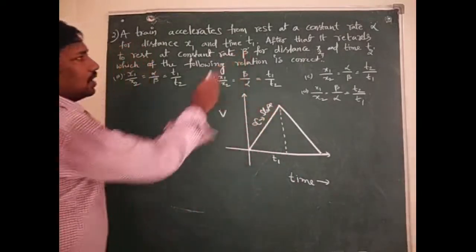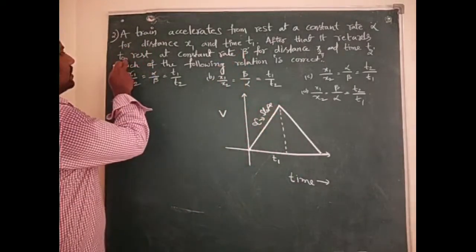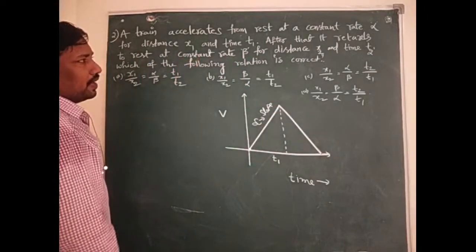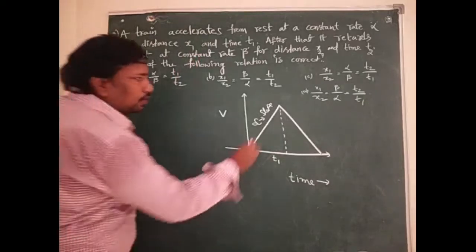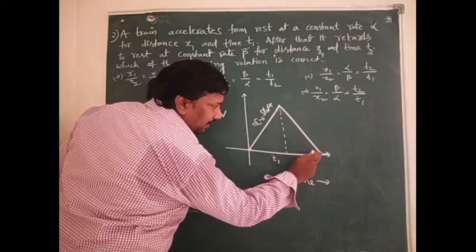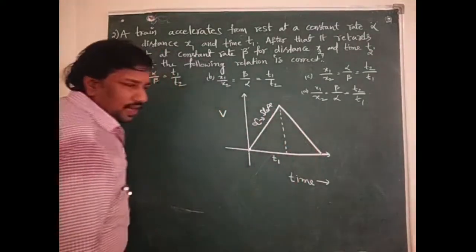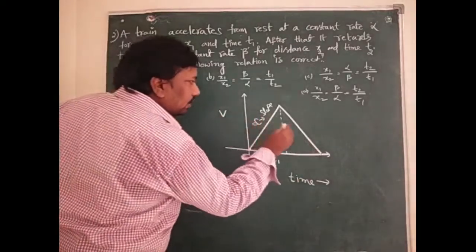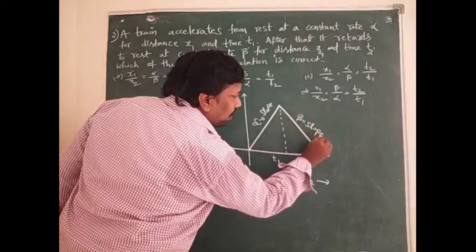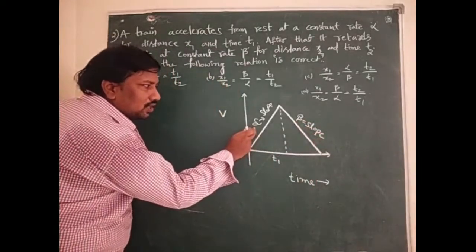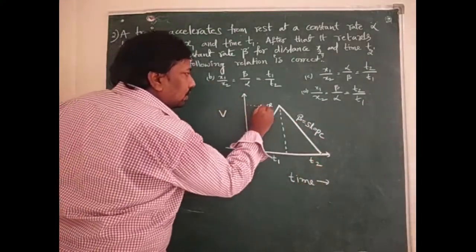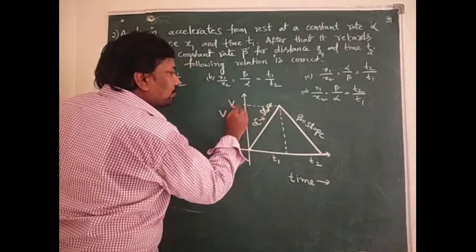After that, it retards to rest at a constant rate beta for a distance x2 and time t2. So here it is the retardation of the particle to reach the rest position. This is the beta, the slope of the second case, and this is the slope of the first case. Its time is t2. This is the maximum velocity.